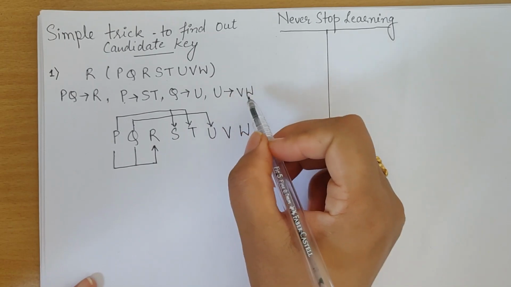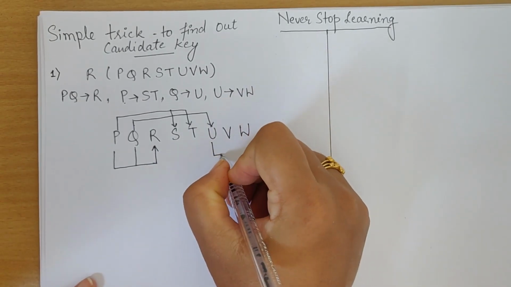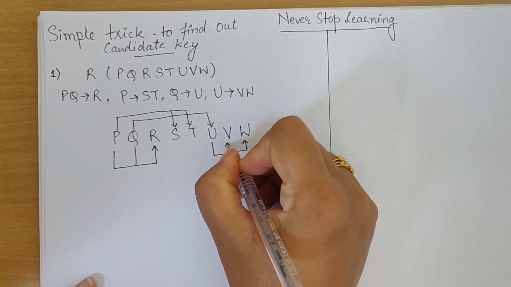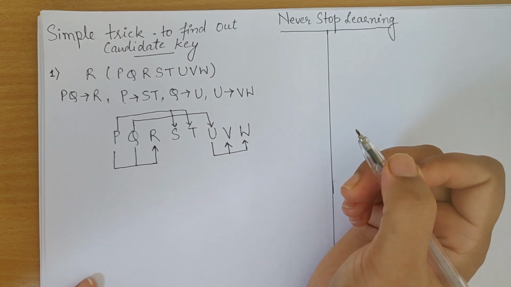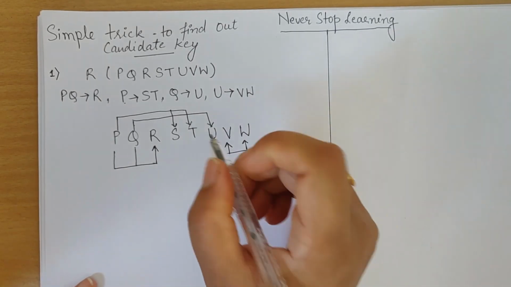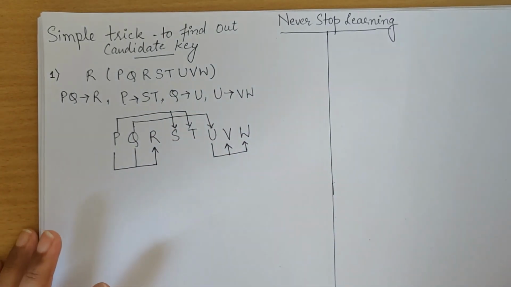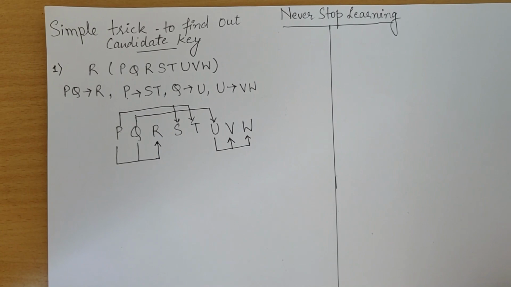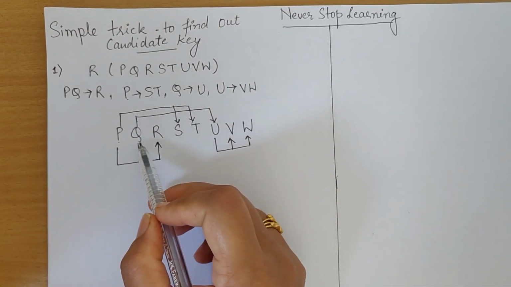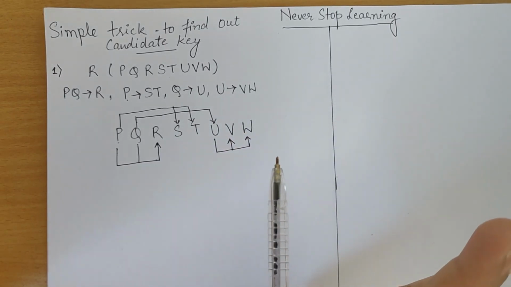Next, U is sending directions to V and W. Now, the director will be the person who is not having any incoming direction on himself. So if you can see in this example, P is not having any incoming direction, Q is not having any incoming direction. All the remaining ones are having incoming directions.